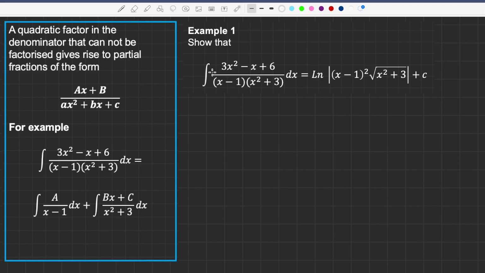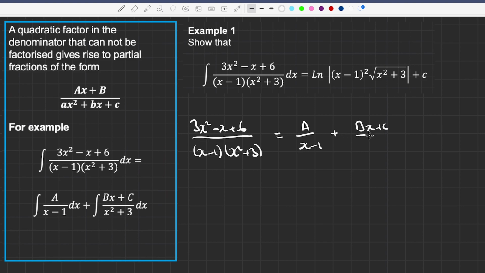Okay, so if we forget about the integral for a minute and just focus on this fraction, we can write this as a over x minus 1 plus bx plus c over x squared plus 3. And now we're going to multiply every term by this denominator.